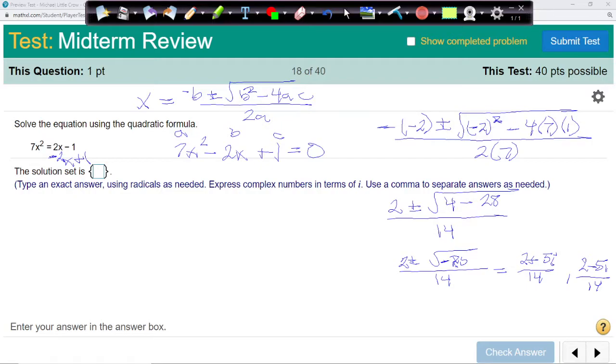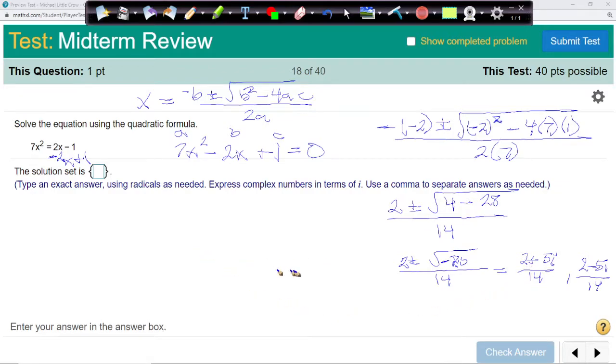Use a comma to separate the answers as needed. Now I think they want this to really have a complex number, with the real part and the complex part. So you distribute this 14 to both. 2 over 14 is 1/7, that would reduce.